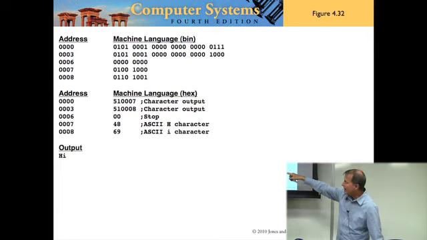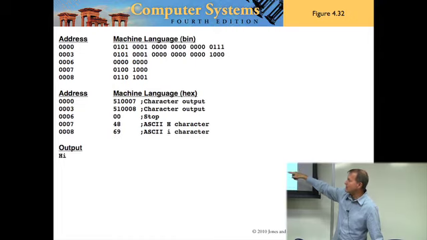And now look, at 0007 there's a 48 in hex. And at 0008 there's a 69. Are you with me? Now what does that first character output instruction do? It's character output from address what? 0007.